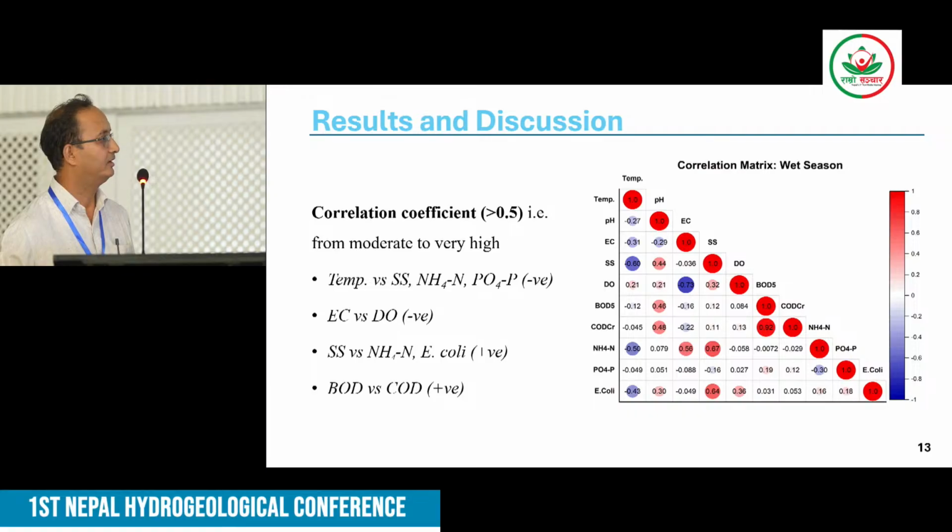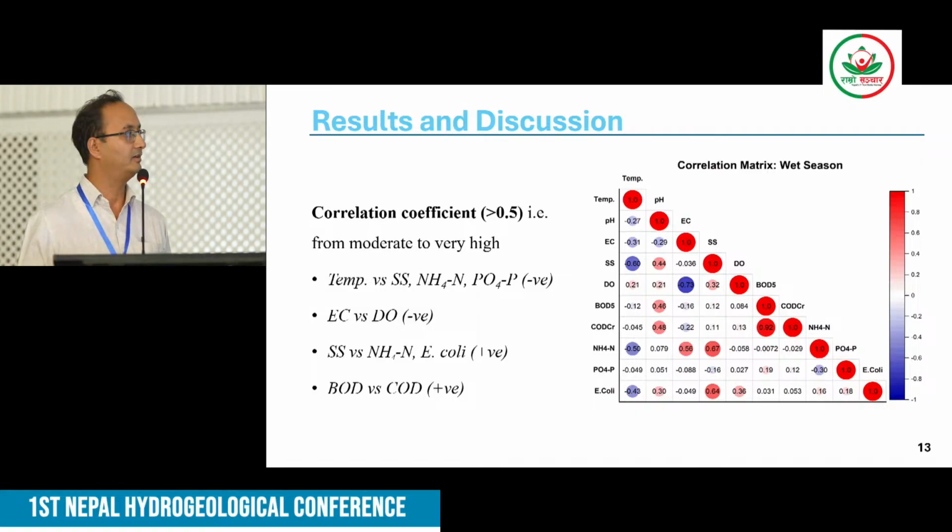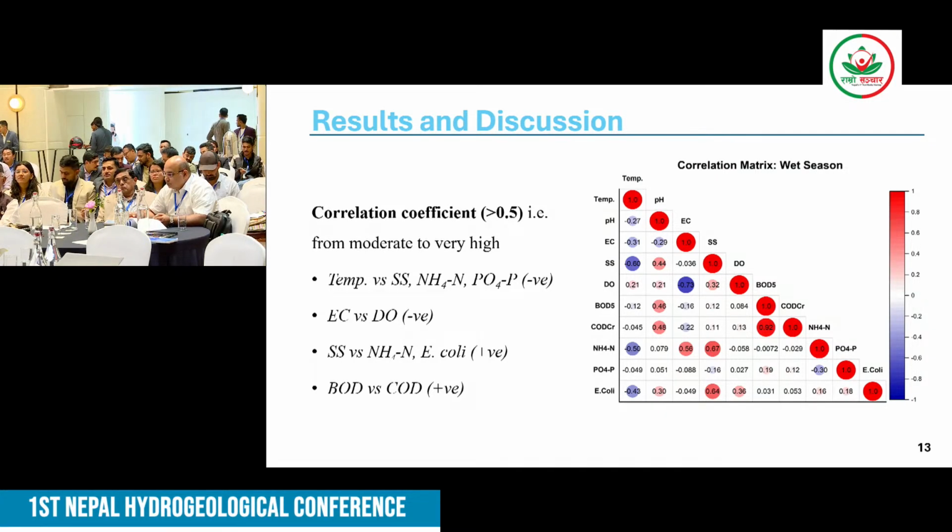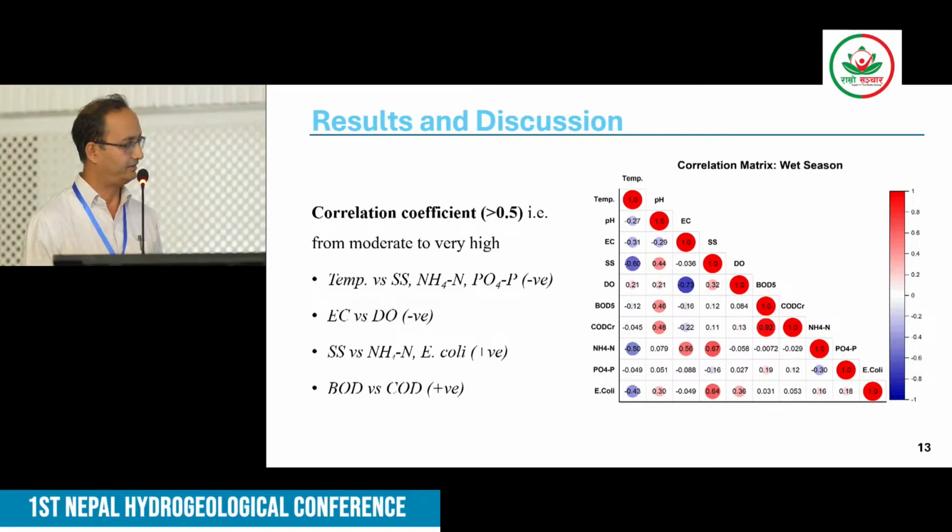So in the wet season, this correlation indicates that with the increase in the suspended solids in the river water, we have seen that there is an increase in the E. coli contamination, because that acts as an attaching material.